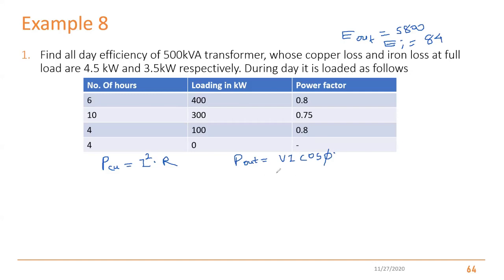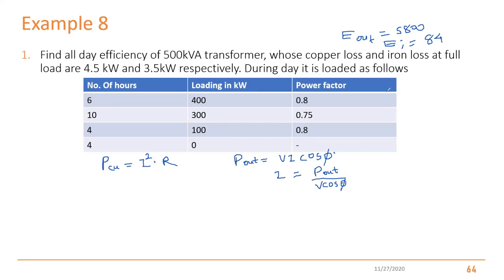So I can calculate the I from this as P out divided by V cos phi, where we can assume that the voltage remains the same. The kVA value is also given.